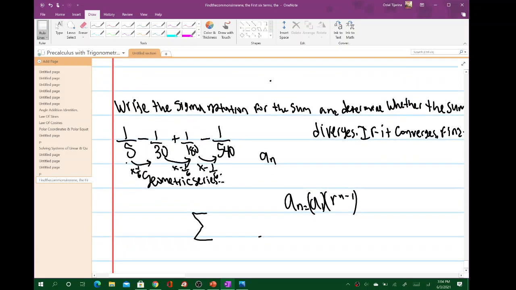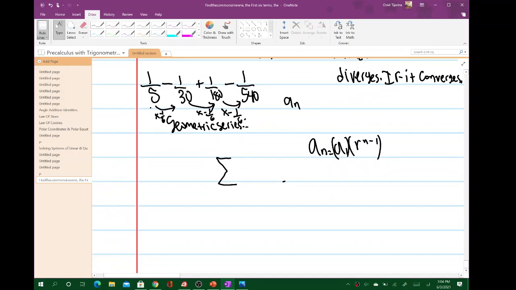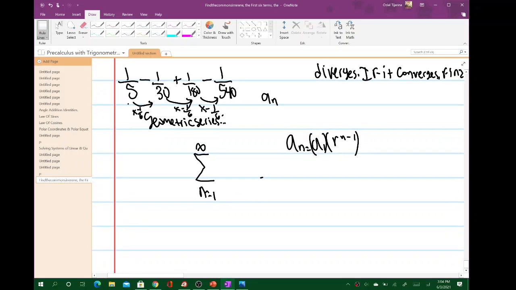First, they want us to write the sigma notation for this. Because it goes on forever, it's going to go from n equals 1 to infinity. However, we do not know what a sub n is.